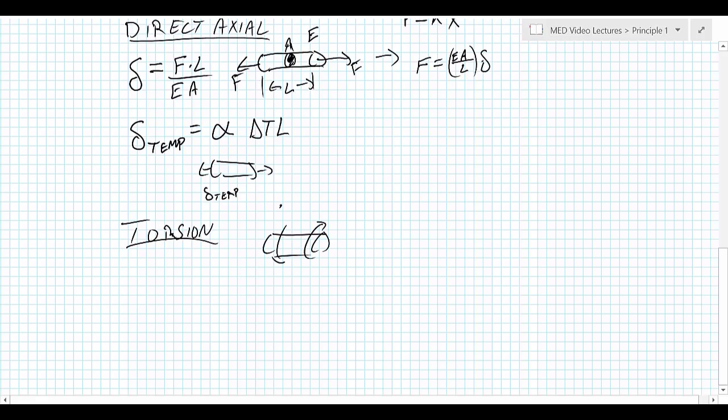So when we put some torque T over a part with a length L, it has some material property G, the modulus of rigidity, and this cross-sectional area has a moment of inertia about the twist axis, so therefore it's a polar moment of inertia, J. So all those things together, we get the twist angle, in radians, don't forget, is related to the torque, and in the same fashion, we have geometry, length and J, and material properties, G. TL over GJ.